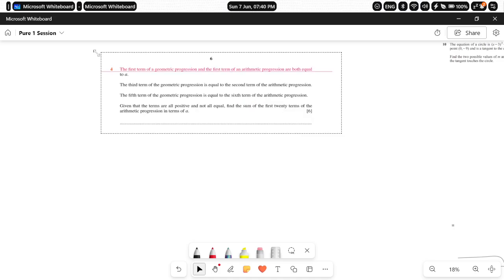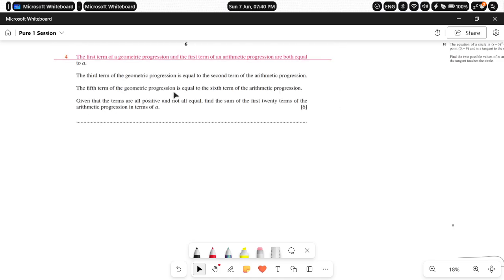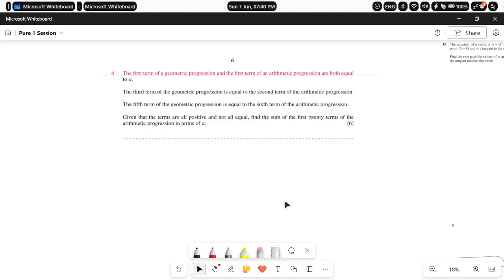Wait, can you guys see my screen? Yep. Okay. So they're telling you that the third term of a GP is equal to the second term of the AP, right?